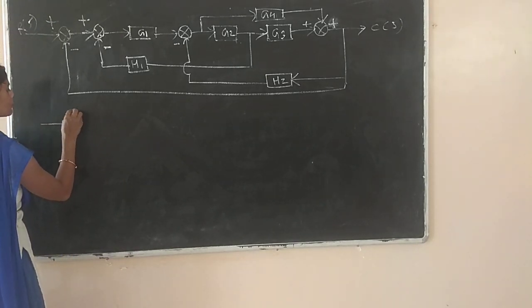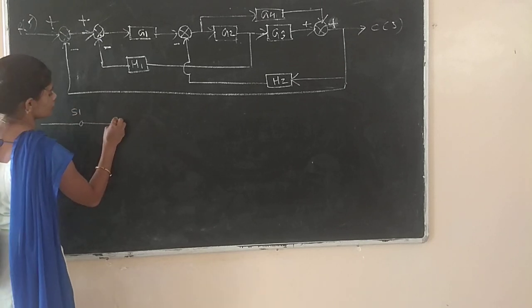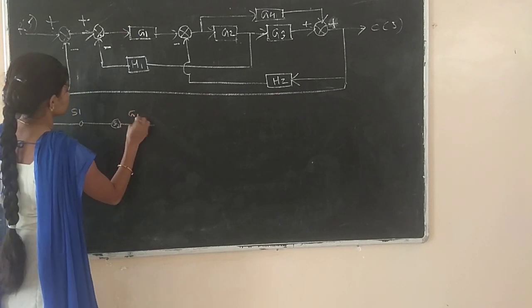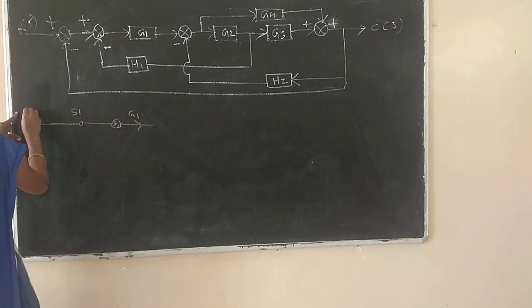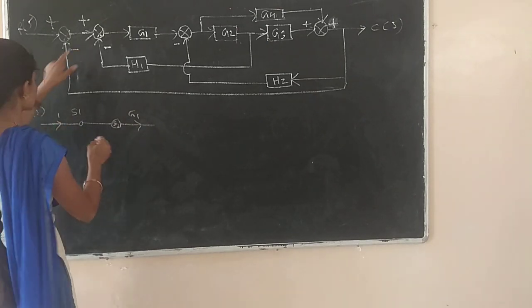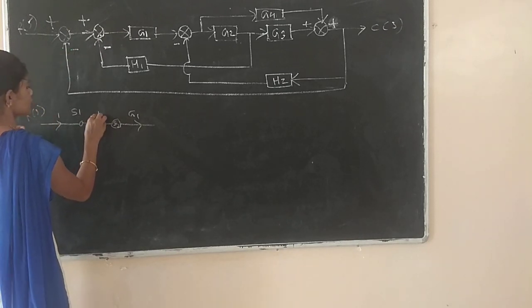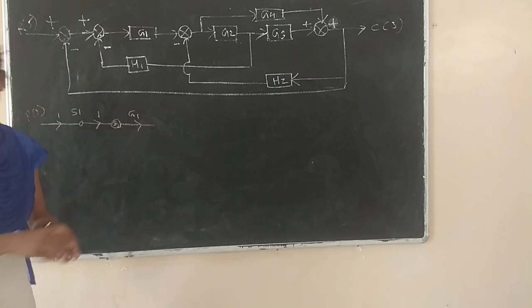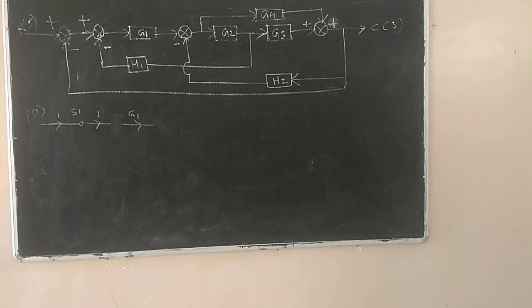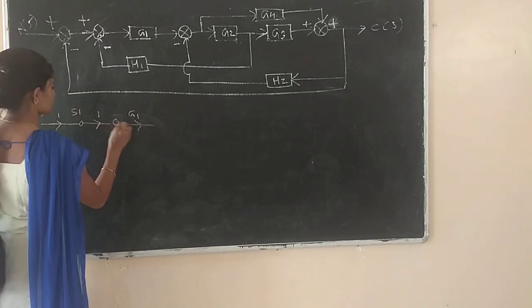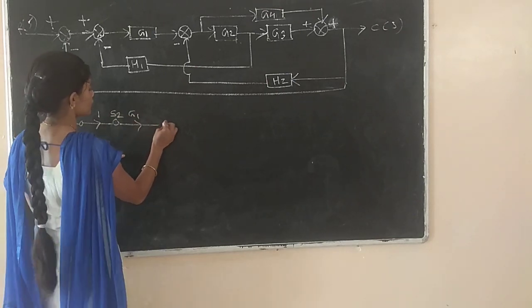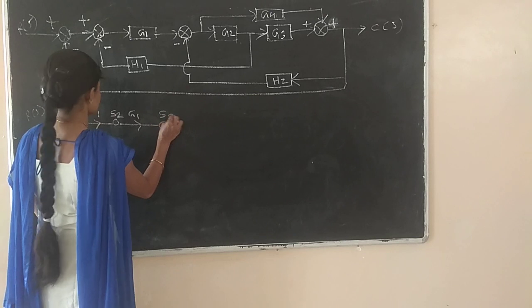Here is the first summing point S1, then the second summing point S2, then G1. Here is R(S). Then the third summing point is S3.